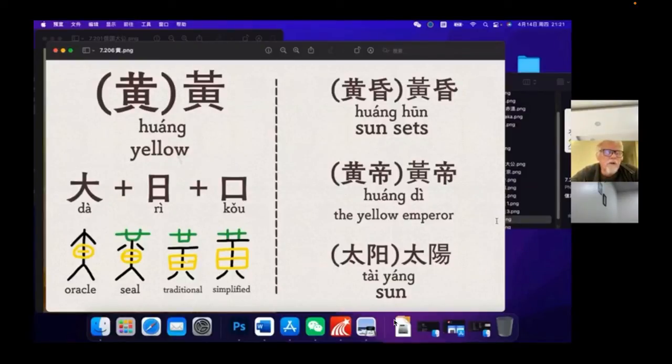If we look at the oracle character, we see a man, and actually we see the pictograph of the sun. Here the man is just not a big man. The man is a god.